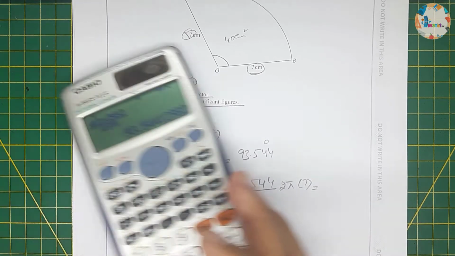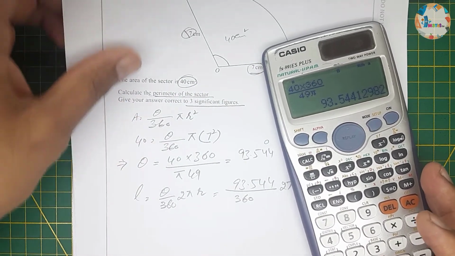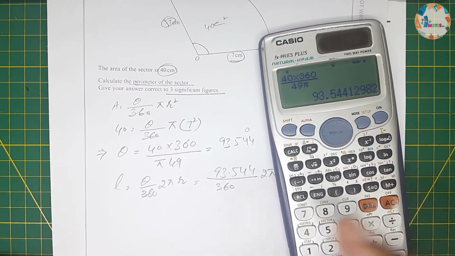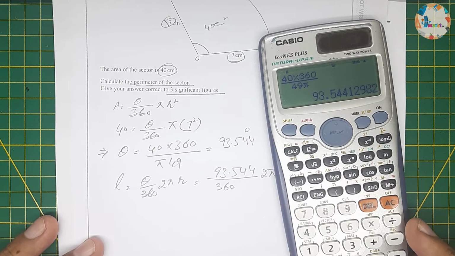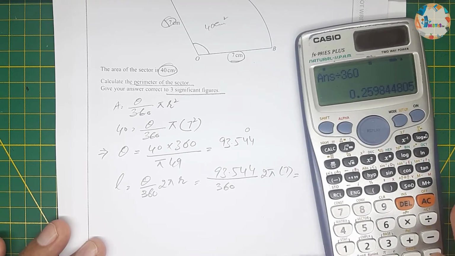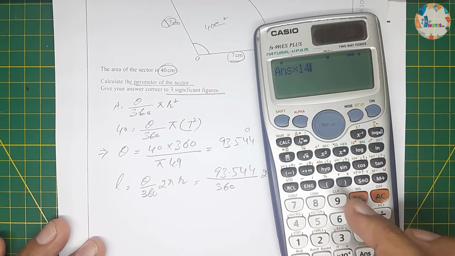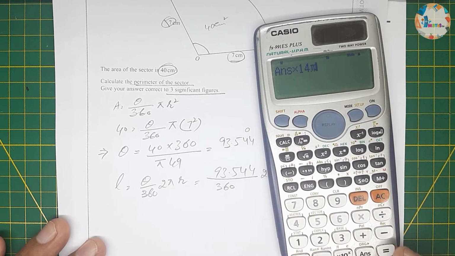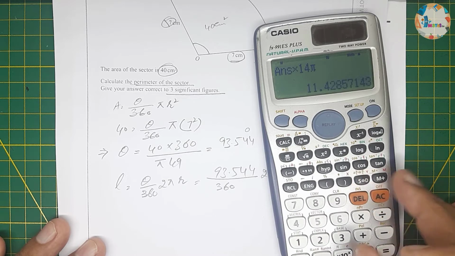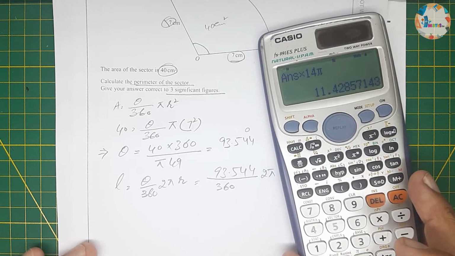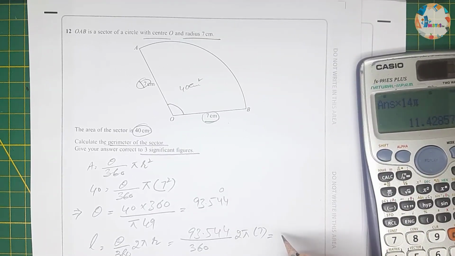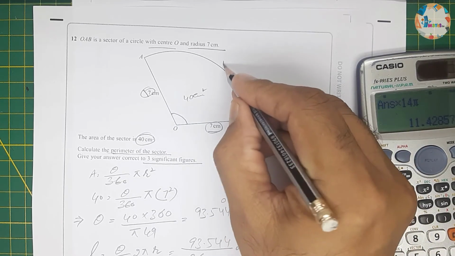This number is already there on the calculator screen, so we can use this and divide by 360. So this will be divided by 360 and multiply by 14 pi, and this will be equal to 11.4285, and this length is 11.4285.